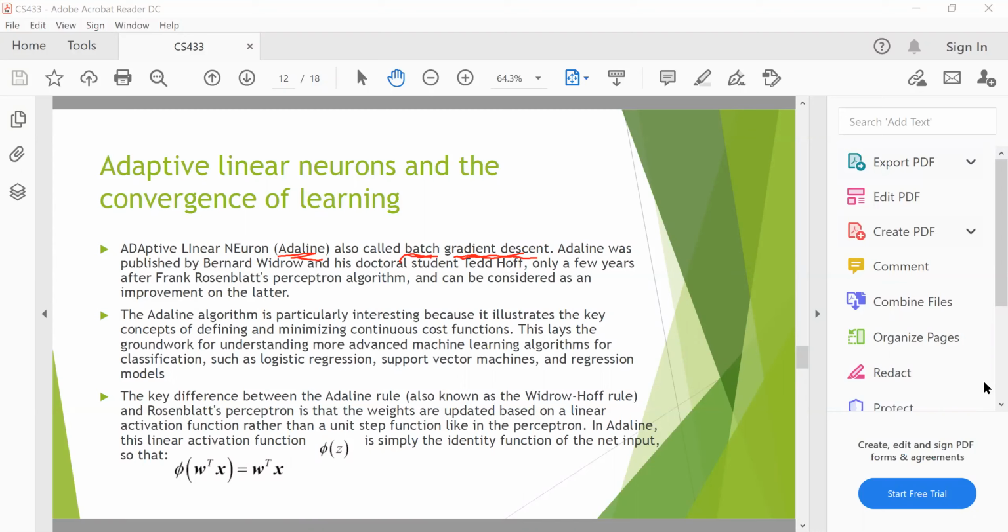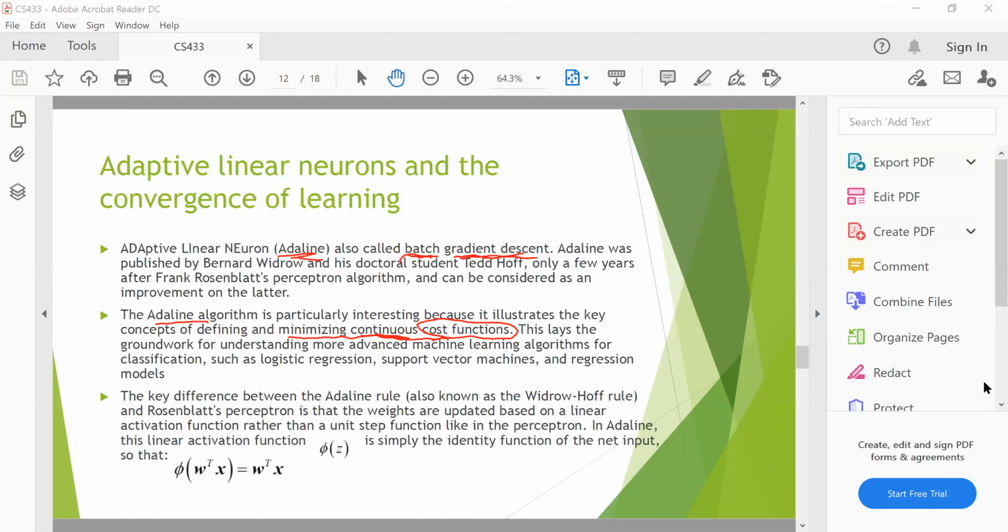And there is another difference between Adaline and perceptron: Adaline also uses a cost function, okay, cost function. And the goal for Adaline is to minimize that. And the cost function is a continuous function. Okay, it's a continuous function.